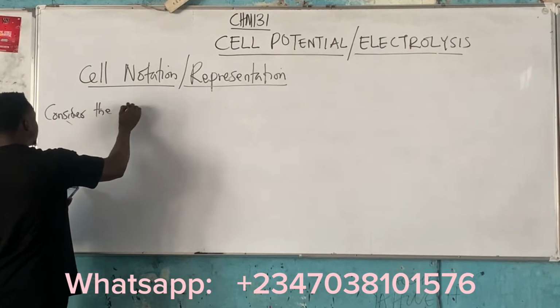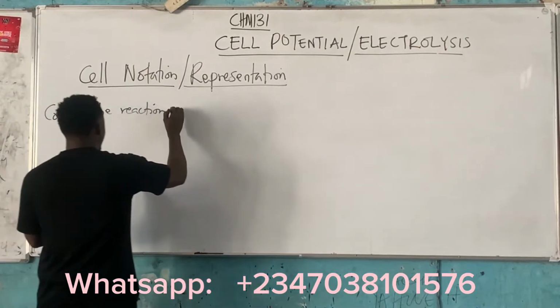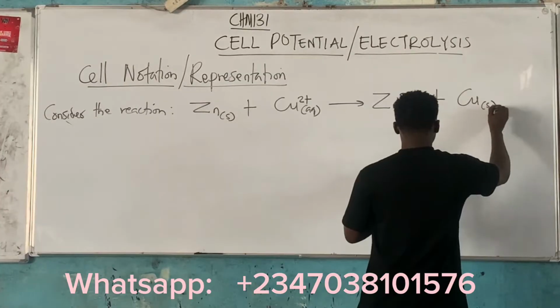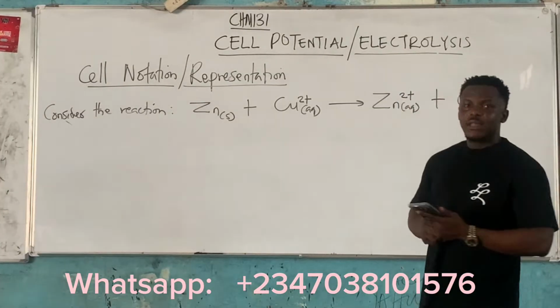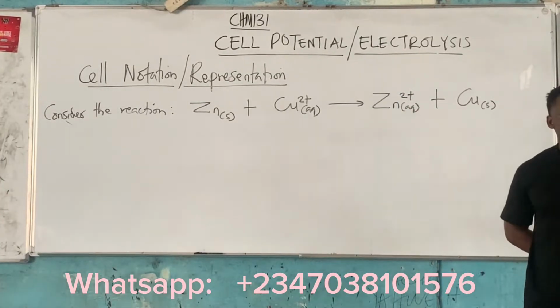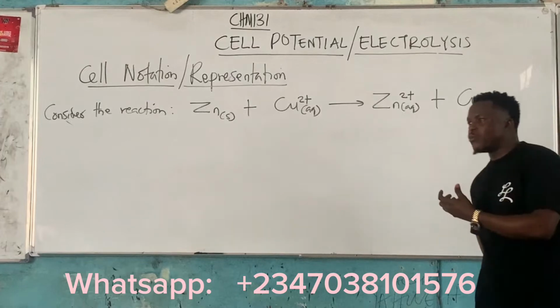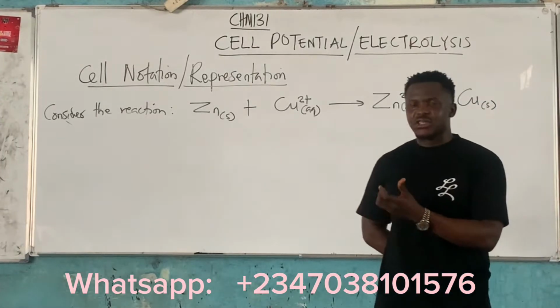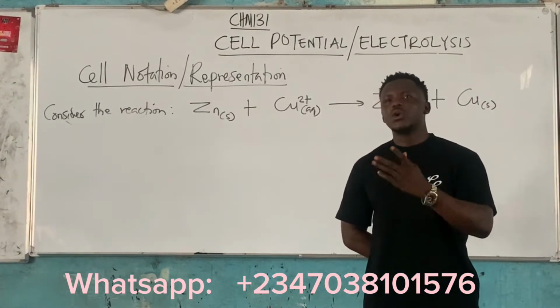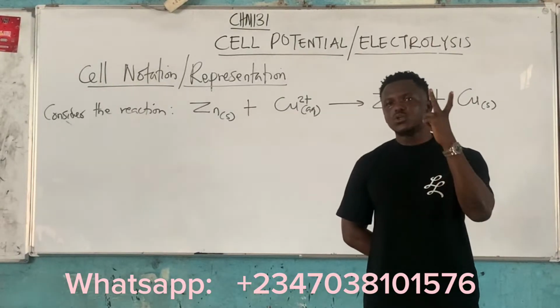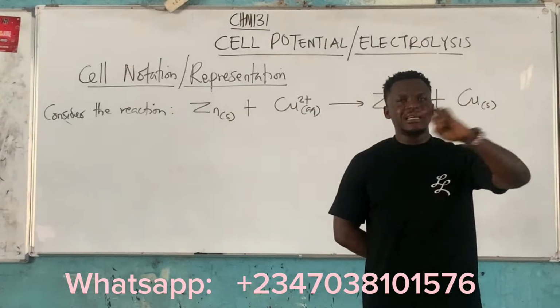Consider the reaction. Now look at this. This reaction is a cell reaction. Remember, anytime you're told that a reaction is a cell reaction, it's what we call cell reaction, as opposed to half cell. A complete cell is made up of two electrodes, the anode and the cathode.